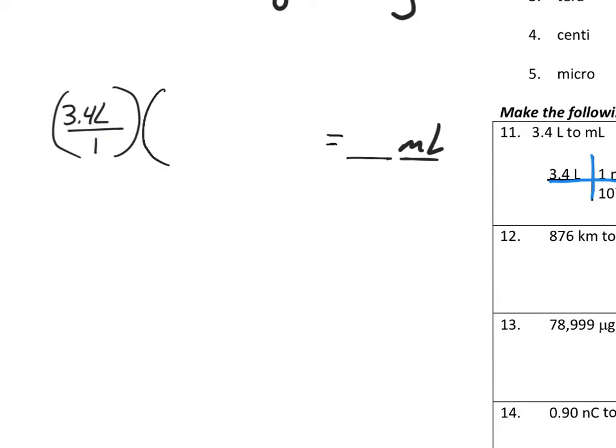The way I set it up yesterday was this. I want to cancel out liters, and in the end I want milliliters. Well, how many milliliters are there in a liter? What does milli stand for? 10 to the negative 3.